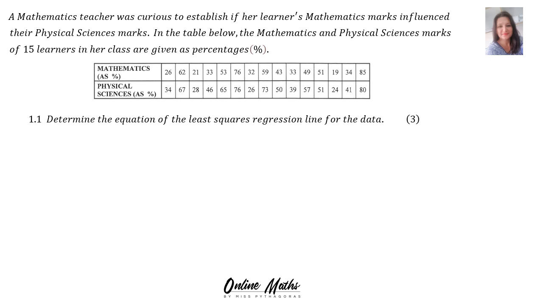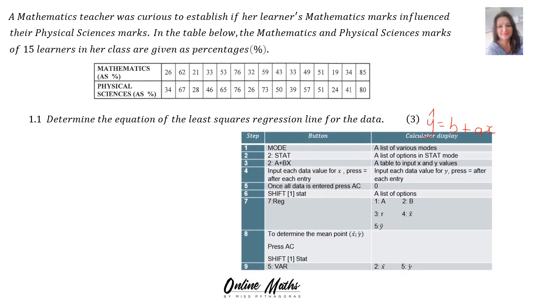And then there's your table with the mathematics marks and the physical sciences marks. 1.1, determine the equation of the least squares regression line for the data. So what we are looking for, in fact, is this equation. It's y hat equals b plus ax. So we are looking for values for b and a.